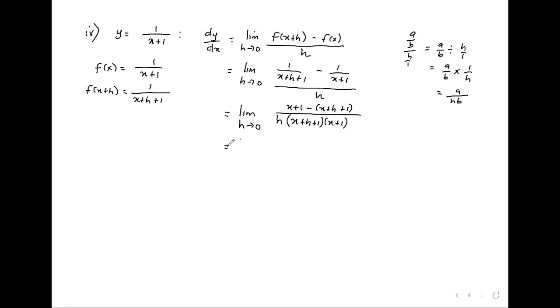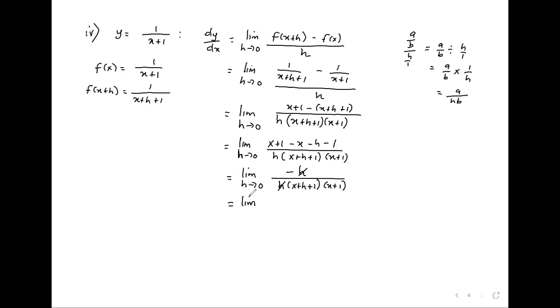So if we expand our numerator, we'll get x plus 1 minus x minus h minus 1 over h, x plus h plus 1, x plus 1. That is the limit as h goes to 0: x minus x is 0, 1 minus 1 is 0. So we get that over h, x plus h plus 1, x plus 1. So this h and this h cancel.